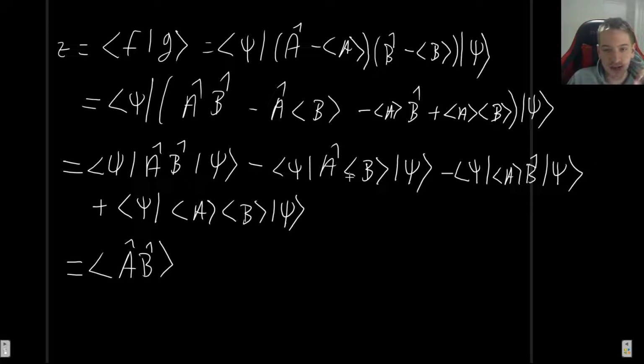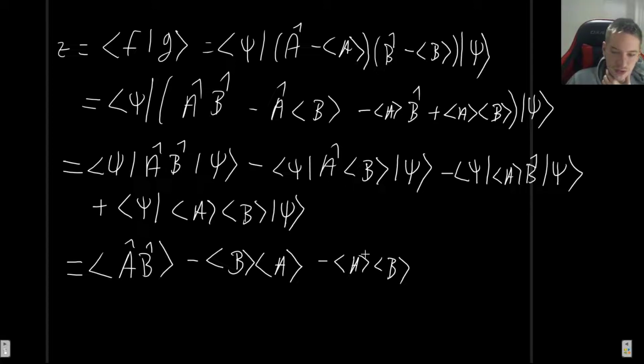The expectation value of B is just a real number, so it's a constant. We can just pull it outside of the expectation value. So we get minus expectation value of B. And then we are left with the expectation value of A. Similarly here, we can pull the expectation value of A outside, and we're going to get the expectation value of B. So we get minus expectation value of A, expectation value of B.